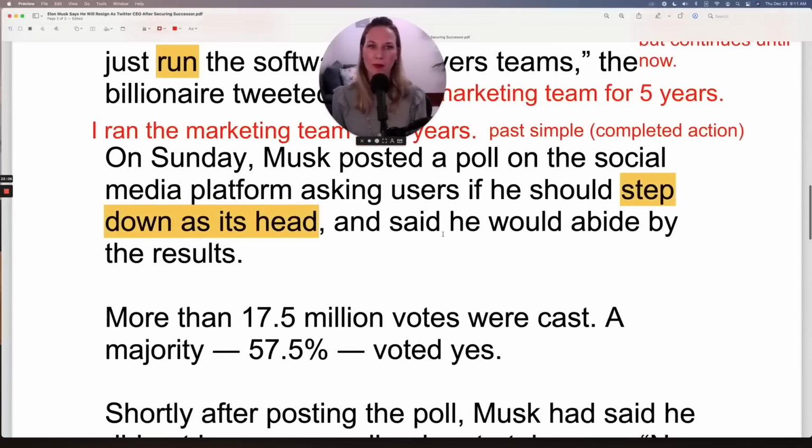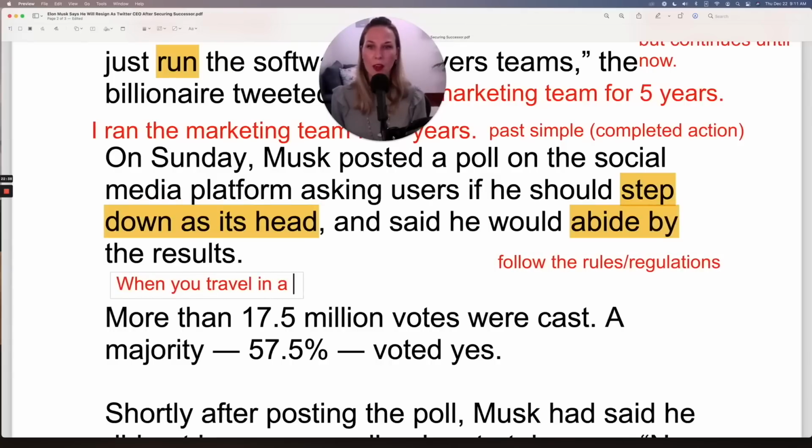Okay. Now, abide by. This is a phrasal verb because we have the verb to abide and then we have the preposition by. And this simply means to follow the rules or regulations. When you travel in a foreign country, you must abide by its rules.